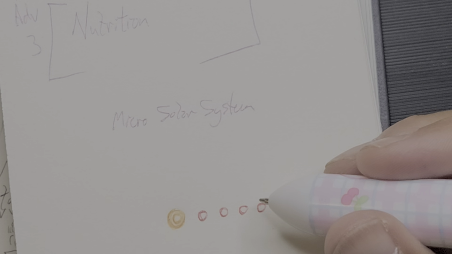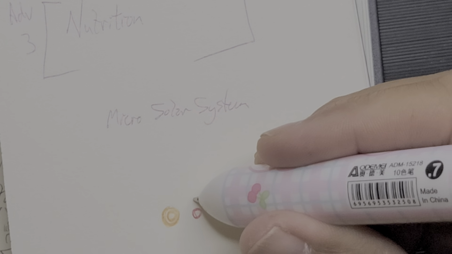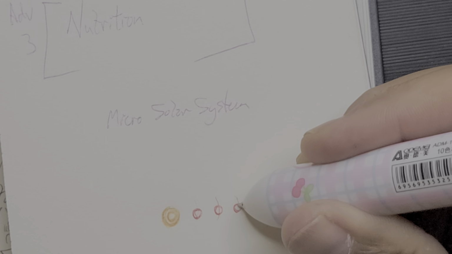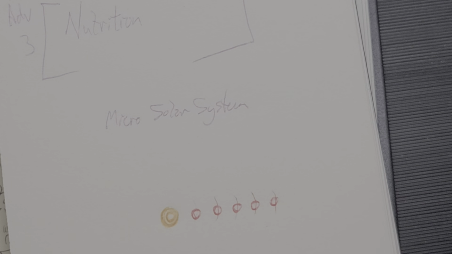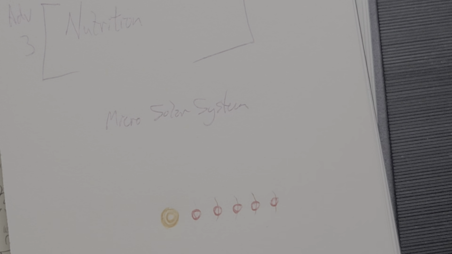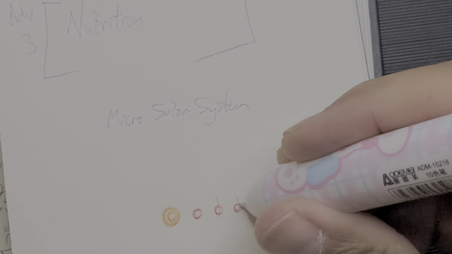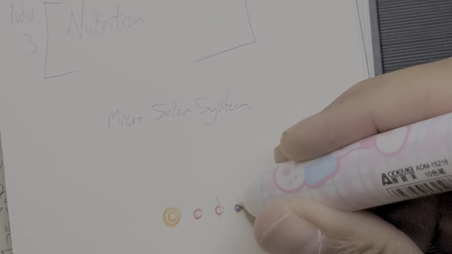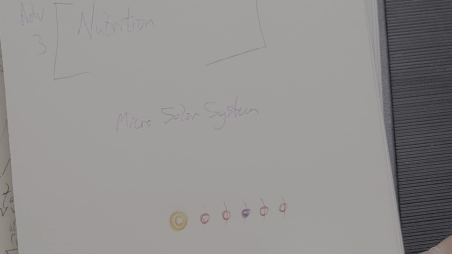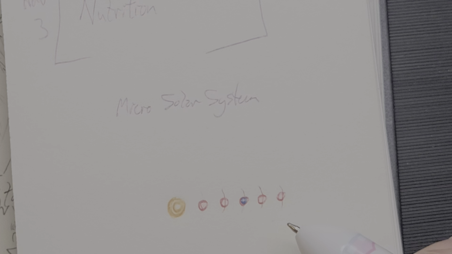But much like ours, in this particular lineup, only one of them is kind of in the Goldilocks location. And this seems to be the only one that's inhabited out of all the other planets in that micro solar system.